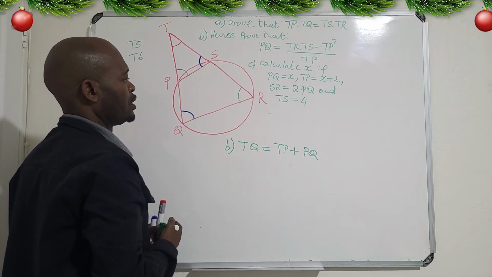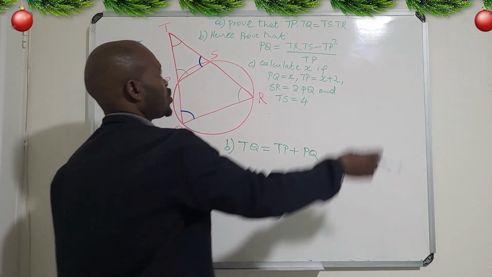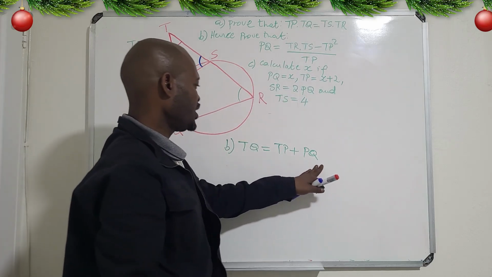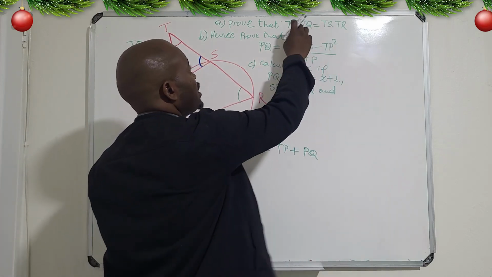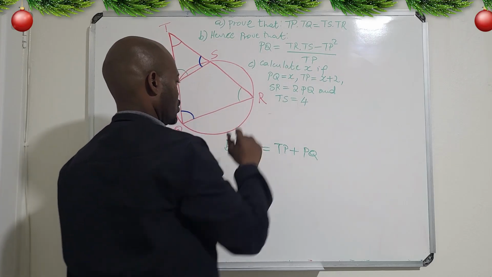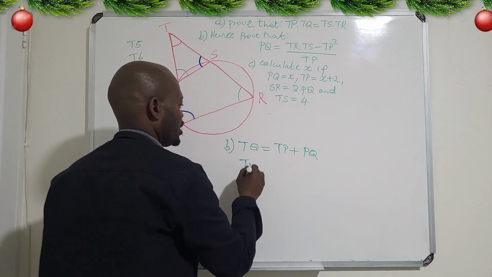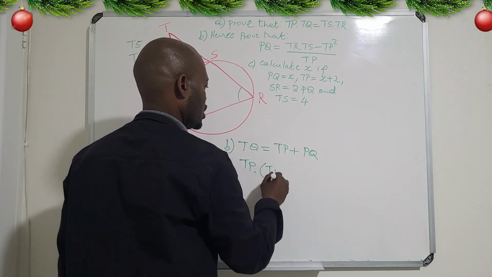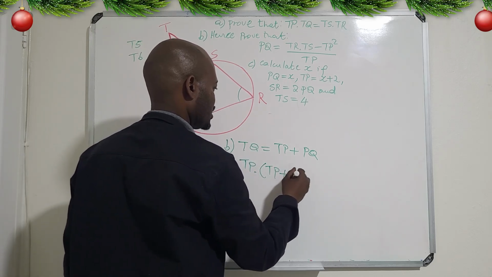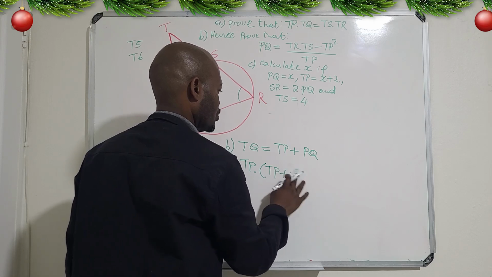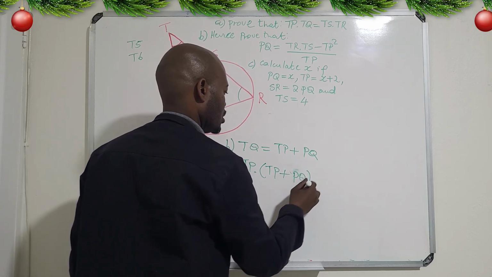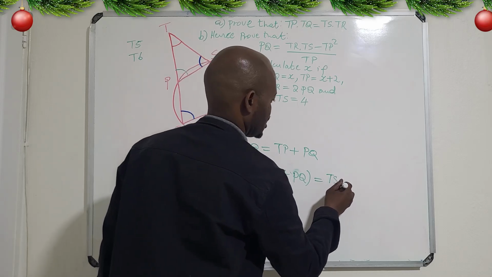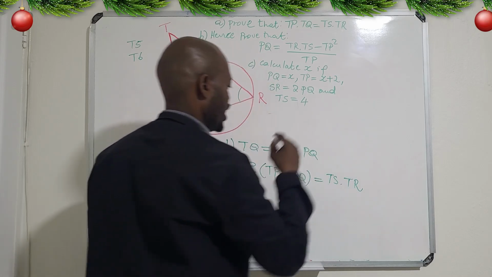Okay? Now, we can go there and substitute this where we see TQ. TP times TQ, which is TP plus PQ, is equal to TS times TR.